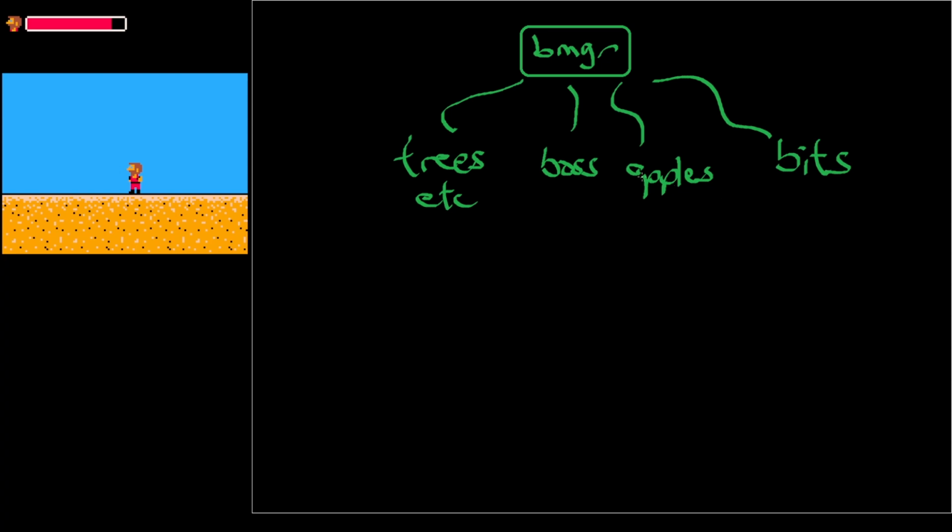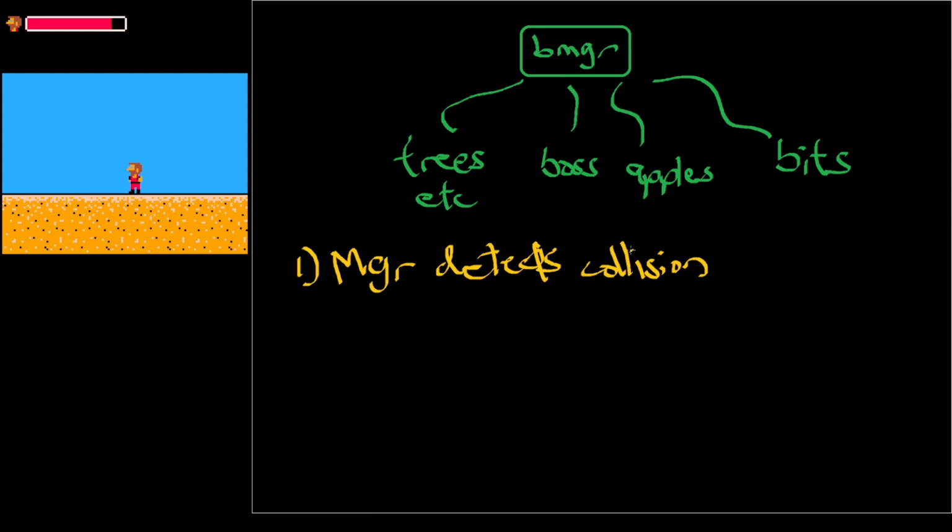The reason I initially was going to have the bits managed in the main game loop, but I opted against that because, to give you an idea of the logic, the baddie manager detects collision. And then the tree, we'll use trees for now, the tree's going to die.